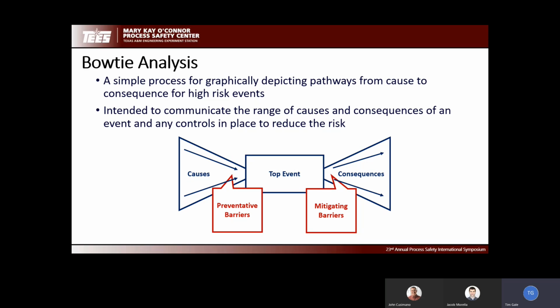It's intended to communicate ranges of causes and consequences of an event and controls, called barriers here, that are in place to reduce the risk. So we see on the left, we start with causes. We would find preventative barriers on the left side of this bow tie. Then we would arrive at a top event, things like loss of control or loss of view of the process. And then we would move to the right through mitigating barriers and finally arrive at consequences.